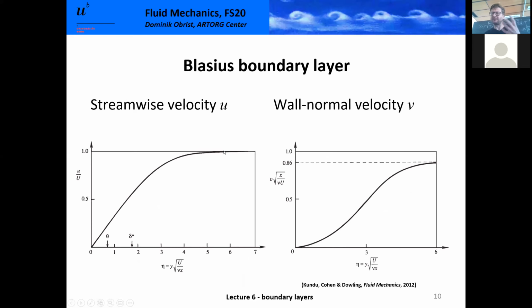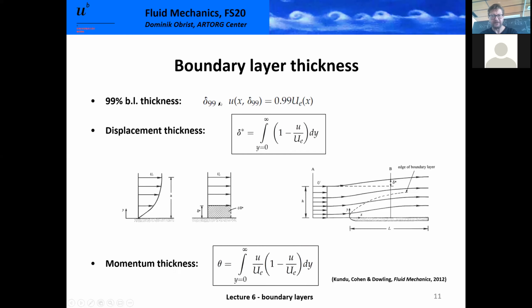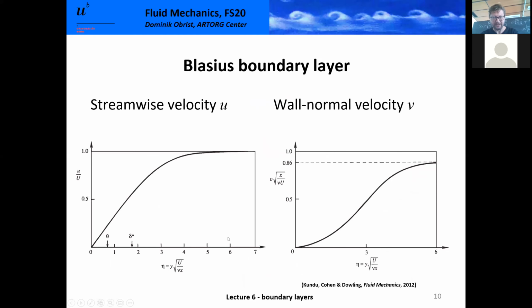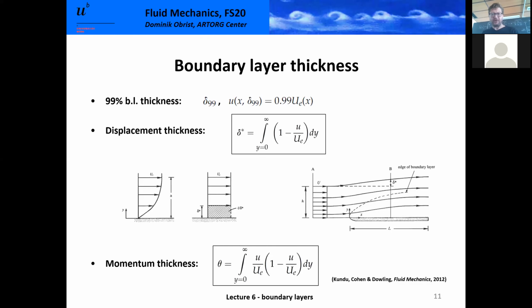I think this is intuitively what most of us would think of as a boundary layer thickness. And we see that this delta 99, as it is called, is for the Blasius boundary layer about 5.5 times the original delta of Blasius. But we have other measures.